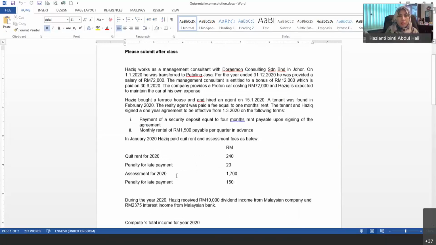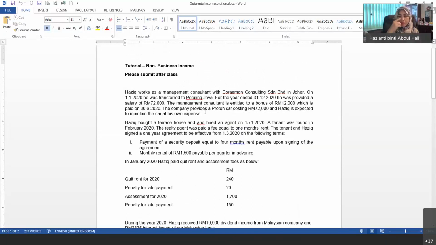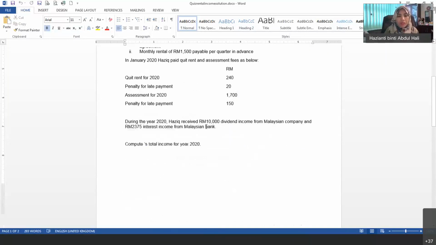So here for the car benefit ni, macam soalan tadi Mr. Sim tadi, kita letak the petrol and also fuel, the car and also fuel. So for this one, we have here the company provides a Proton car costing 72,000, and Haziq is expected to maintain the car at his own expense. So whenever you see this, maksudnya fuel dia tak dapat. So, right.